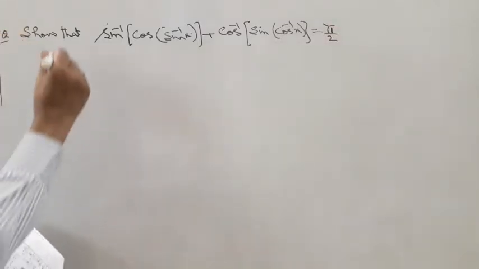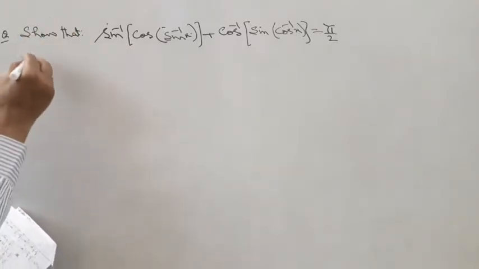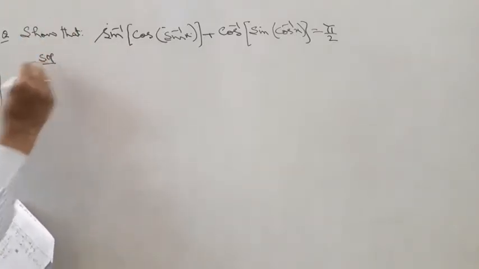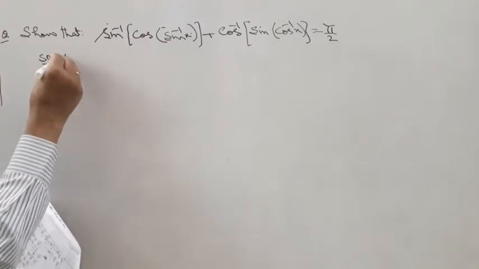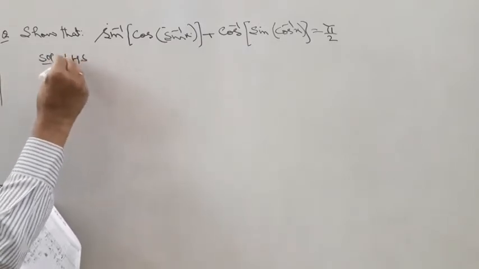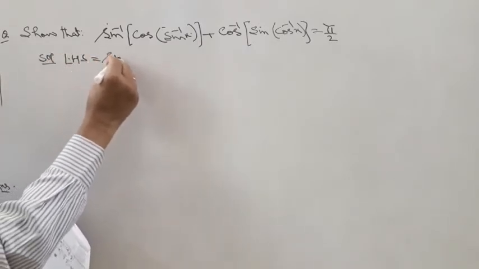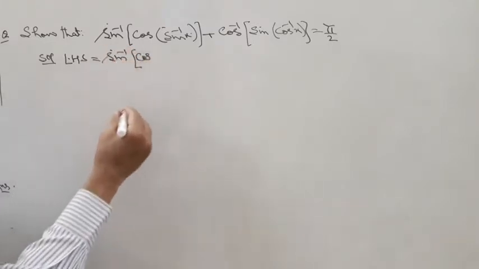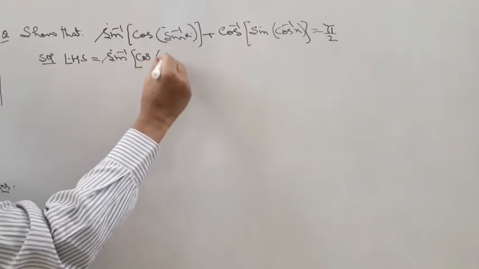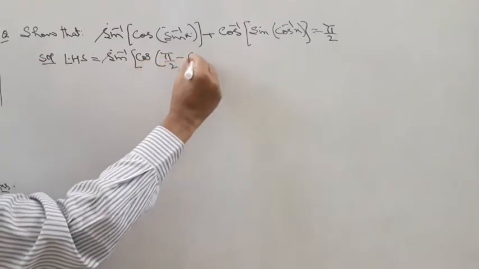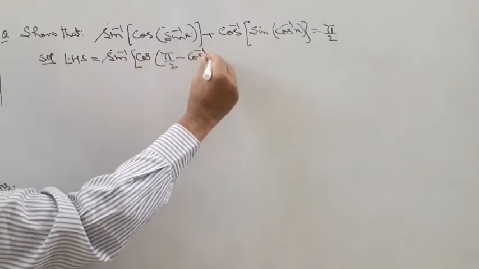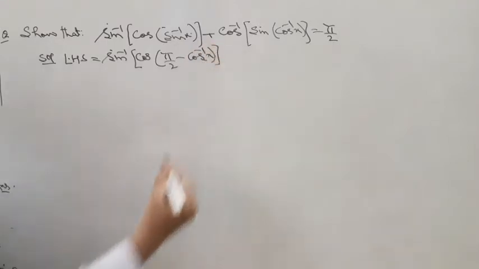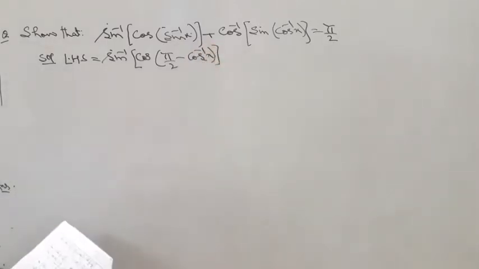He says show that. Therefore the solution for this, we have the left hand side: sine inverse of cos, yes, use the property, it is π/2 minus cos inverse of x. Check up please, because you know sine inverse plus cos inverse is π/2.